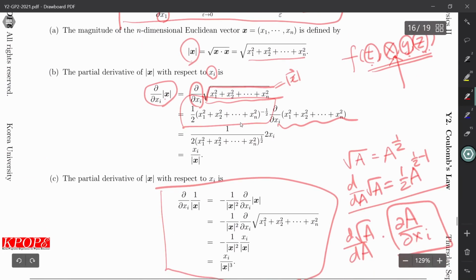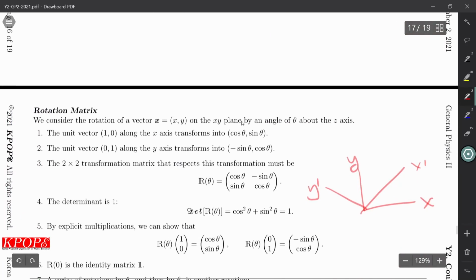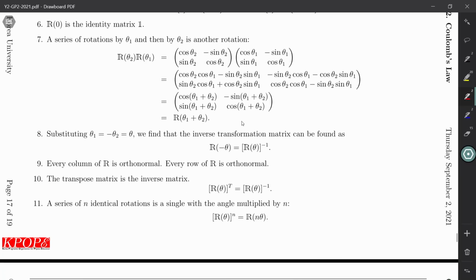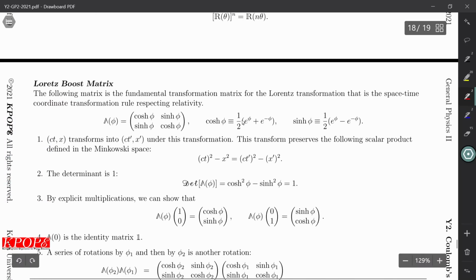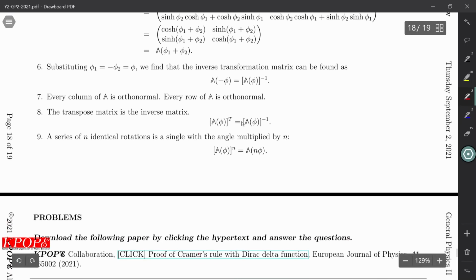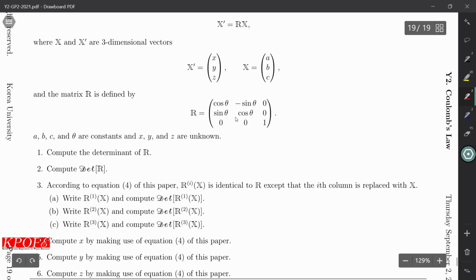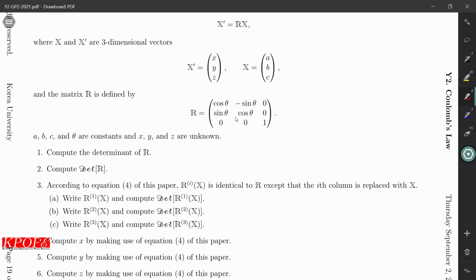And the partial derivative will frequently appear when you compute the electric field. And I hope you are familiar with the matrix calculation, as far as the 2x2 and 3x3 inverse, and finding the answer for linear equations. Okay, that's it for today.